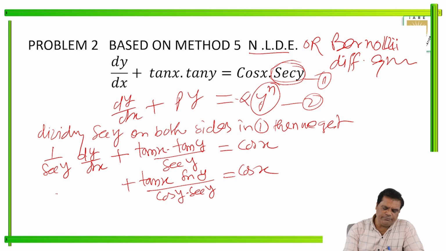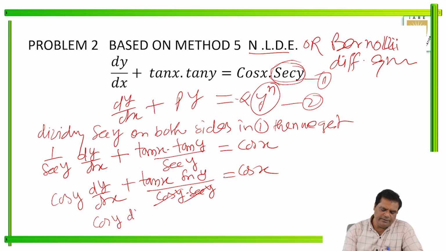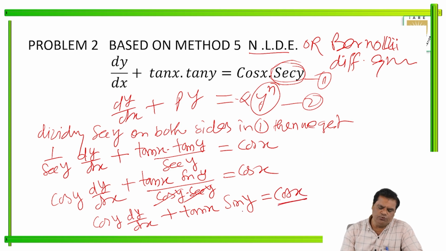And here is cos y dy over dx. So this cos y and sec y cancel each other. So cos y dy over dx plus tan x into sin y equal to cos x. In the right hand side is q, here is p, and the coefficient of p is this sin y. This equation is number 3.